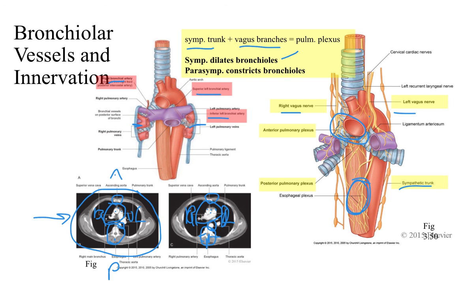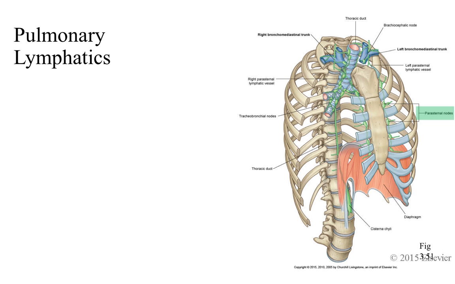As far as lymphatics go, the only thing I really want you to know is that, just like everything, the pulmonary system has lymphatic drainage, and it's going to drain along the lymph vessels coming out of it and into the parasternal nodes that we talked about with the thoracic wall. And of course, that's going to drain primarily into the thoracic duct, and then enter back into venous circulation.